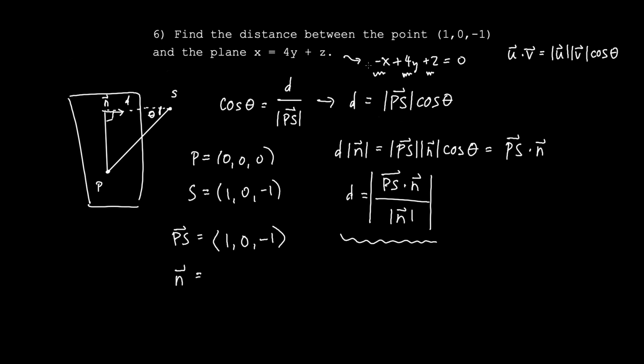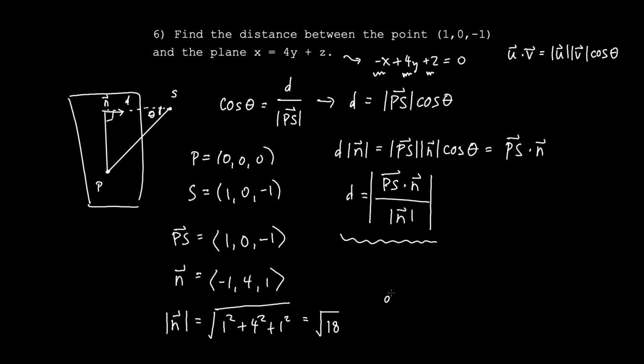So we have negative 1, 4, and 1. Now the third thing we need is the magnitude of vector n. So let's find that. We take the square root of 1 squared plus 4 squared plus 1 squared. 1 squared is 1, 4 squared is 16, so 1 plus 16 is 17, plus 1 squared is 1, so the square root of 18.